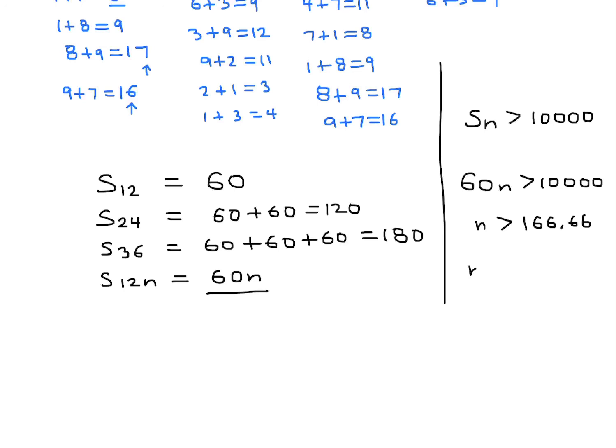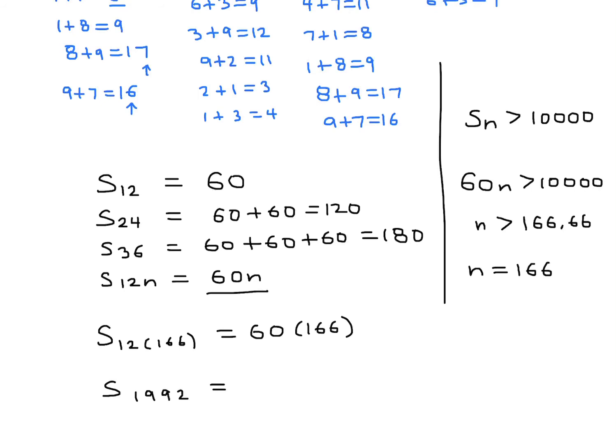So let's just start with 166 and see what we get. So if n is 166, this becomes S12 times 166, and this becomes 60 times 166, correct? So 12 times 166 is 1992. And 60 times 166 is 9960.